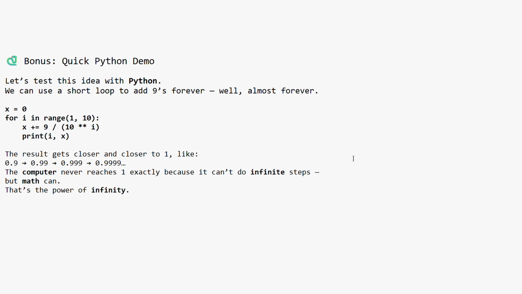Then we use a loop to make the result get closer and closer to 1. Like 0.9, 0.99, 0.999, and then 0.9999, and then goes on forever. Almost. Well, the computer never reaches 1 exactly because it can't do infinite steps, but math can. That's the power of infinity.